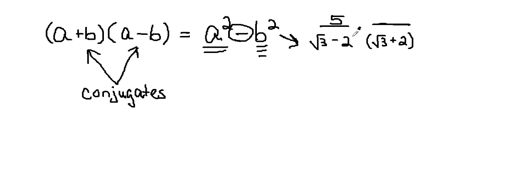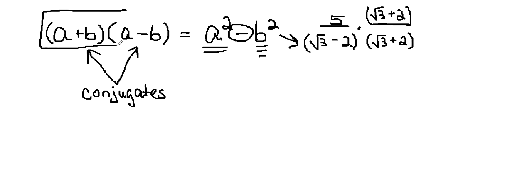Okay, let me put them in parentheses, get a little more familiar looking form. If I multiply the bottom by the square root of 3 plus 2, I have to multiply the top by the square root of 3 plus 2. And there we go. So now I see this familiar form similar to this a plus b times a minus b. This is square root of 3 minus 2 times the square root of 3 plus 2.